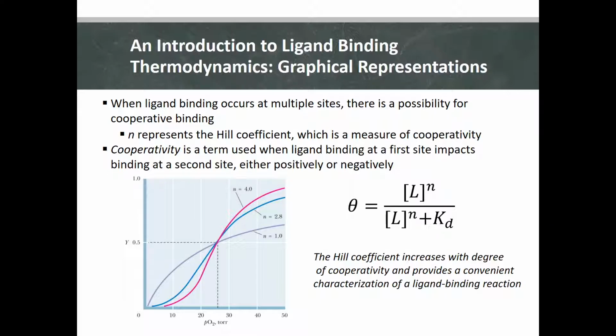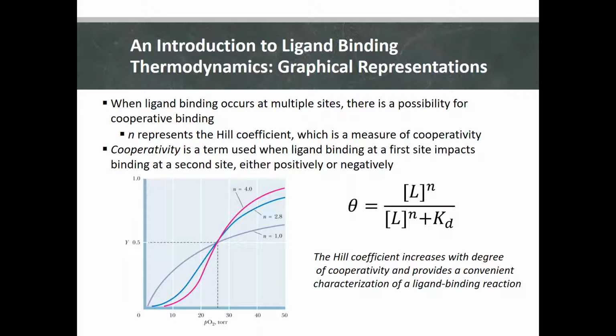So before I go into great depth, what I want to tell you is that cooperativity is a quantitative way to assess the influence of ligand binding at a first site on secondary binding events. This can be a positive influence or a negative influence.